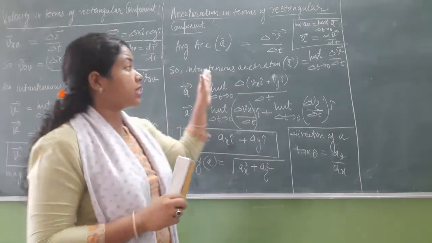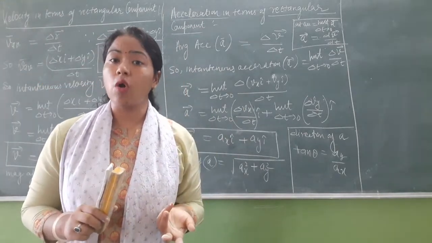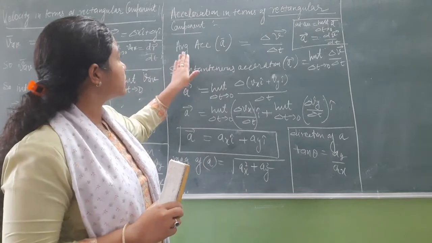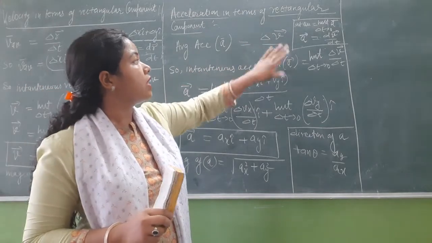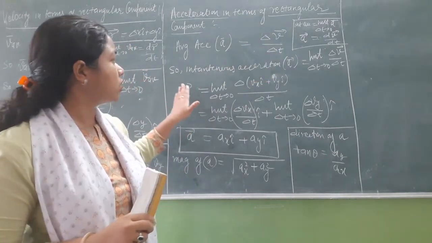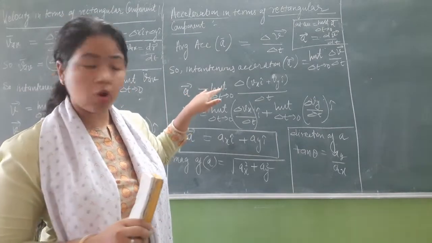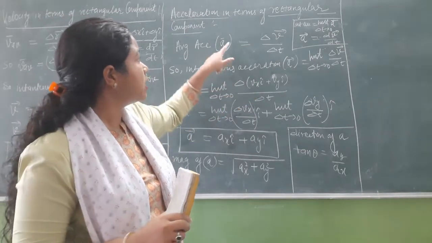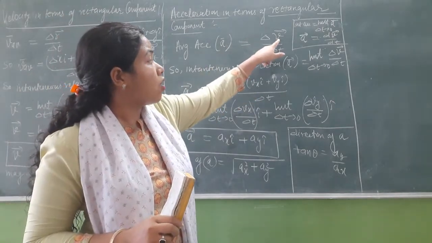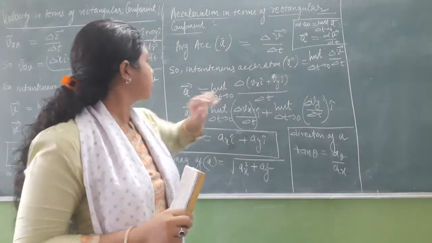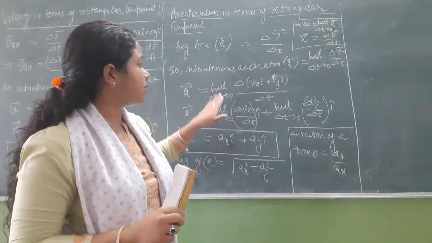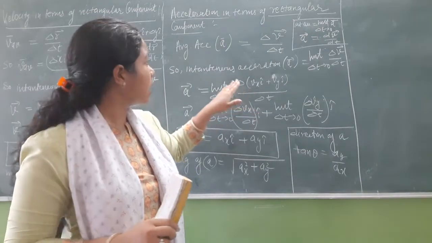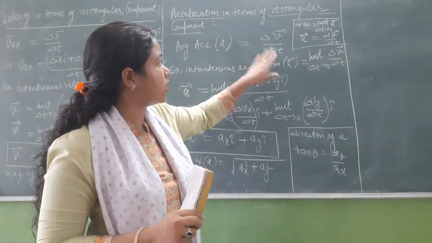Now instantaneous acceleration in terms of components. We want to convert this delta v upon delta t into components. So first we have to split the components of v. a will be equal to the limiting value of average acceleration, and average acceleration is delta v upon delta t.